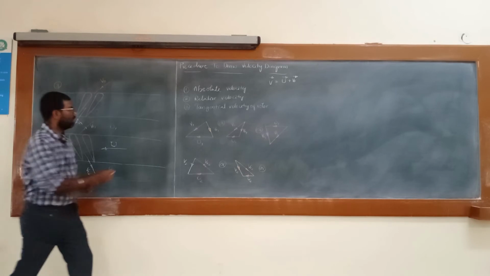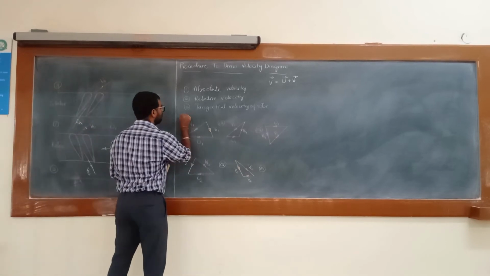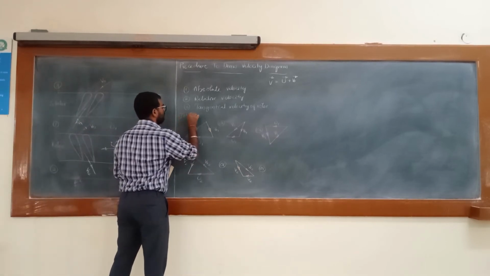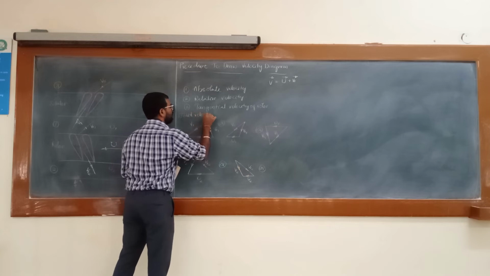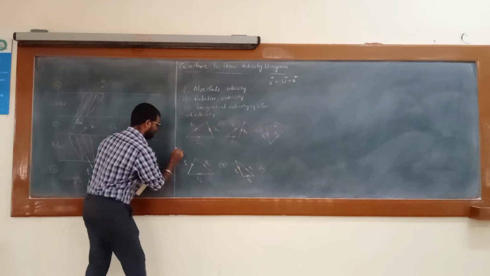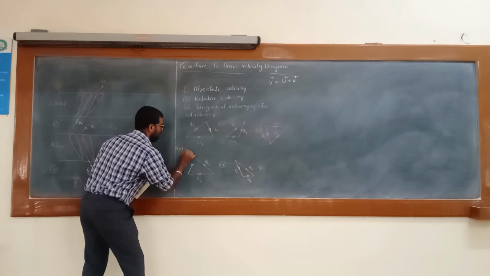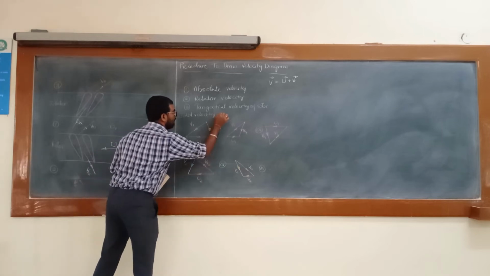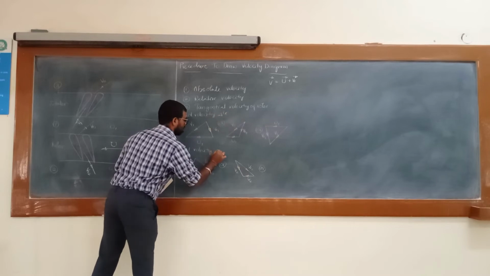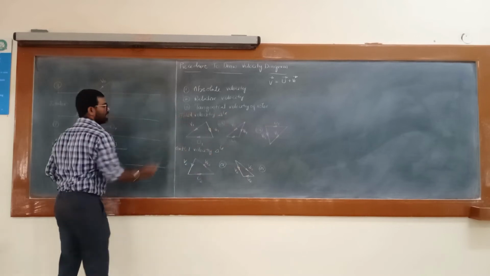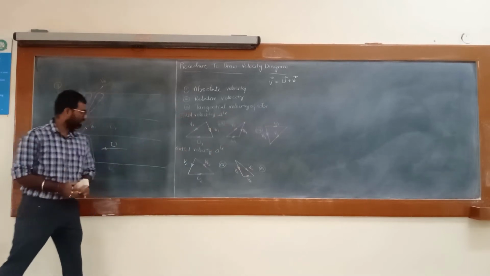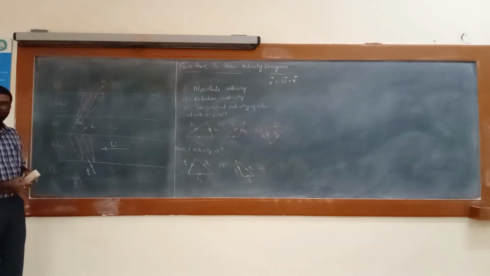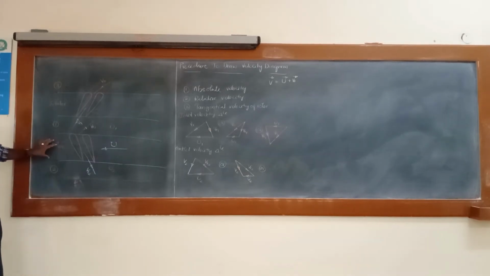This is the outlet velocity triangle. This velocity triangle we call the inlet velocity triangle. This is the outlet velocity triangle. The inlet and outlet will be defined with respect to the rotor.